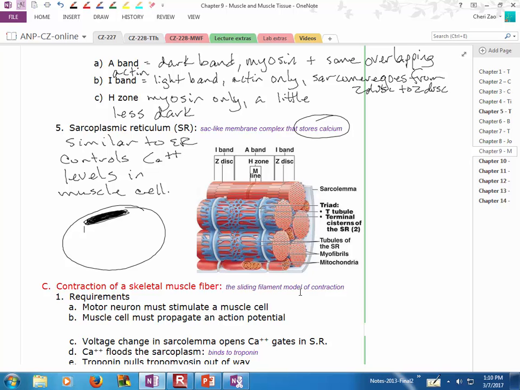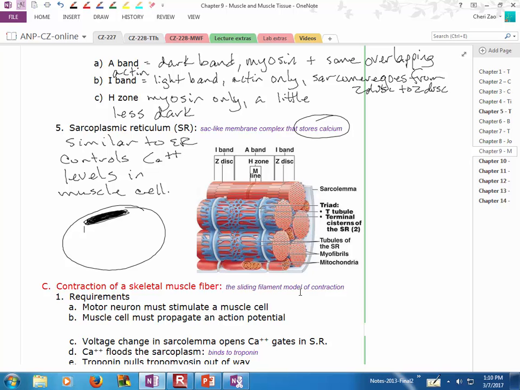So a myofiber is a muscle cell. Myofibrils are the logs, or the Lincoln logs, the proteinaceous material inside the muscle cell. And the myofilaments, also called filaments, are what actually make up our Lincoln logs. And those are going to be actin and myosin.